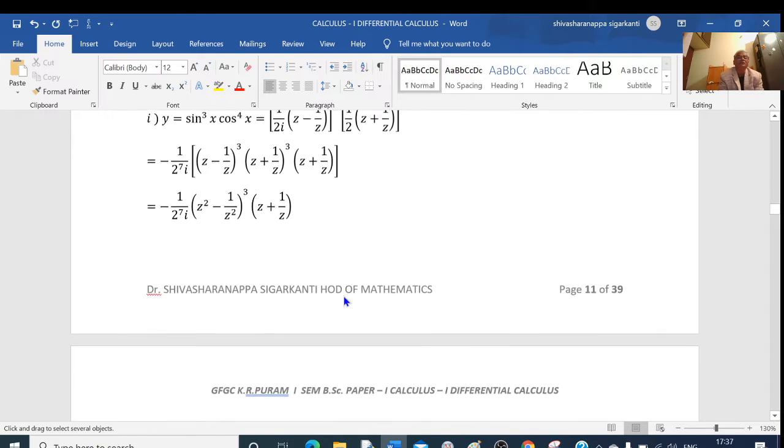Now this first bracketed quantity is (a minus b) whole cube. It can be written as a cube minus b cube minus 3a square b plus 3ab square.